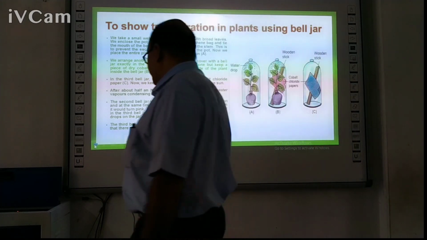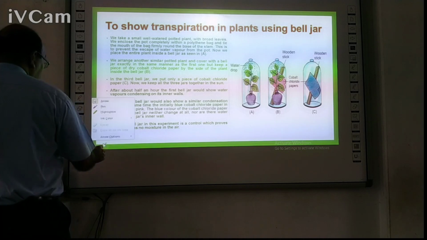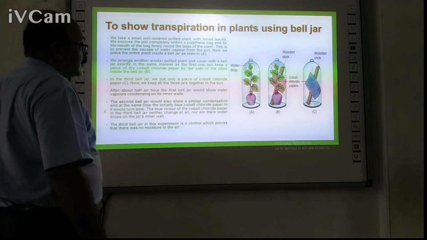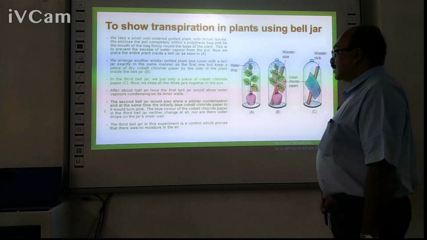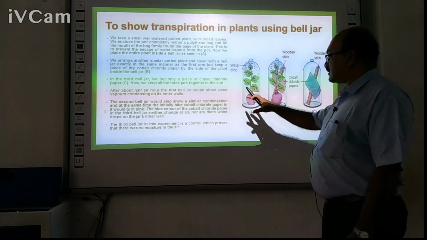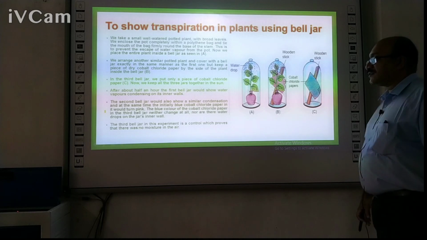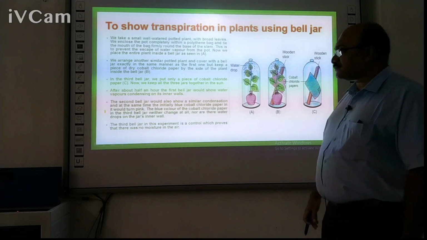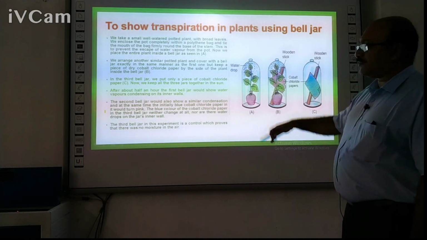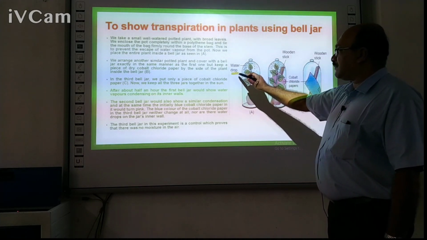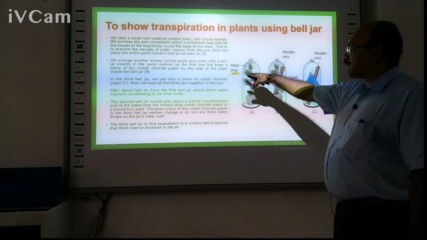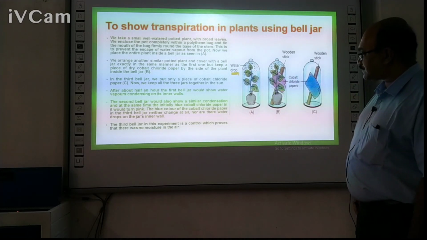Now let us see what result we will get. These 3 setups are kept in the sun for a few hours. In the first, there is no cobalt chloride paper, but we find in the inner portion of the bell jar, droplets of water getting collected.